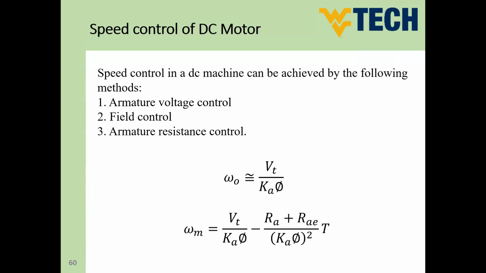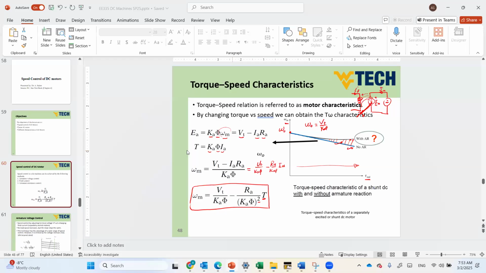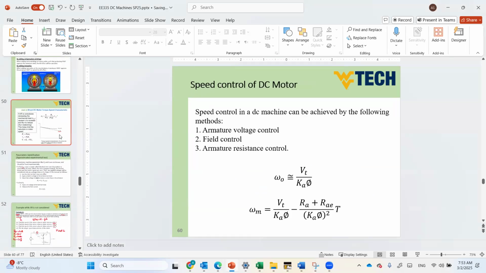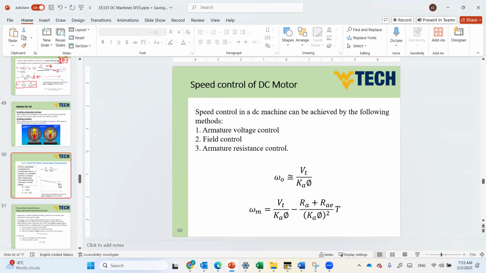But the main goal is to know the speed control of DC motors. We will elaborate a bit on the series DC motor and the different characteristics of DC motors by the end. So let's start, guys, with the speed control. So what is the meaning of the speed control? Let me firstly get a copy of the torque speed characteristic from the slides we had before, like this one, for instance.